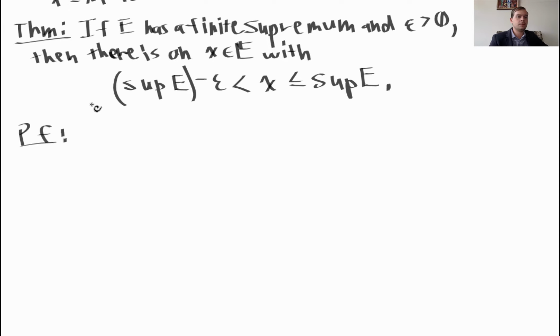Now, the first interesting property is that if E has a finite supremum and epsilon is greater than 0, then there is an x in E with sup E minus epsilon less than x, less than or equal to sup E. That basically means that if I go just a little bit down from the sup, then I would have to have an x larger than that number. Otherwise, we would contradict the fact that we are at the sup.